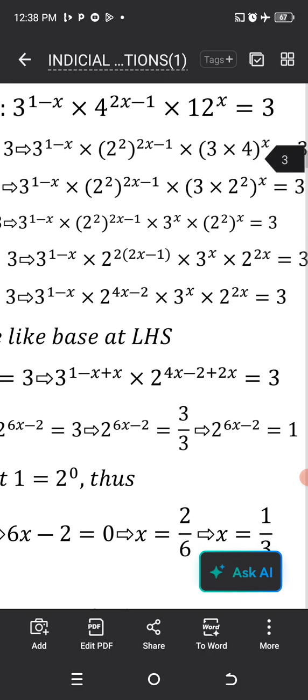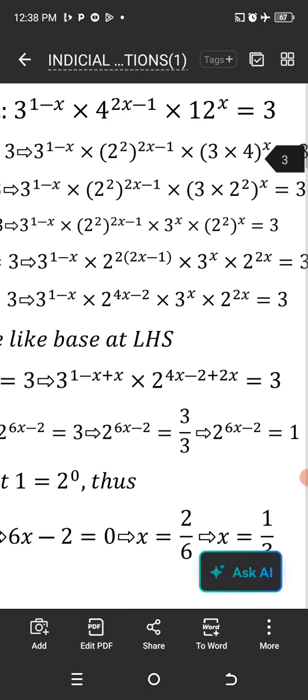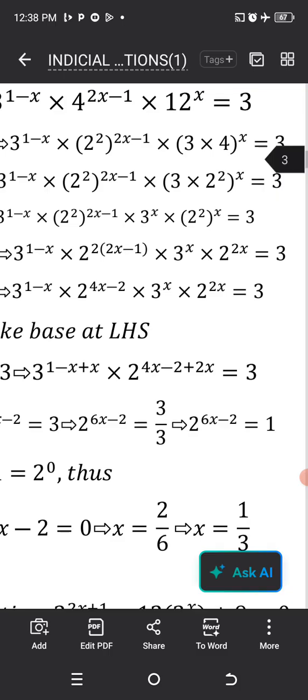So you will see that I've applied product law in the expression. You understand how we got 2 raised to power 2, that is 4, changing it to index, that is 2 raised to power 2. So you see that in this line I've split them using product law.